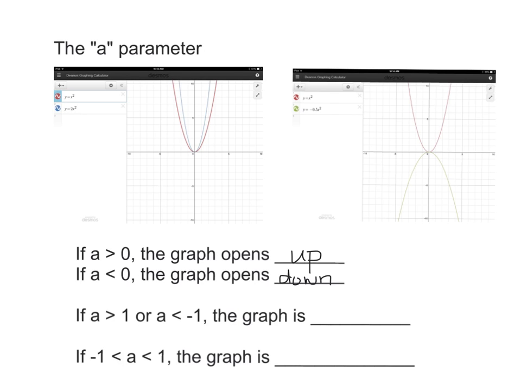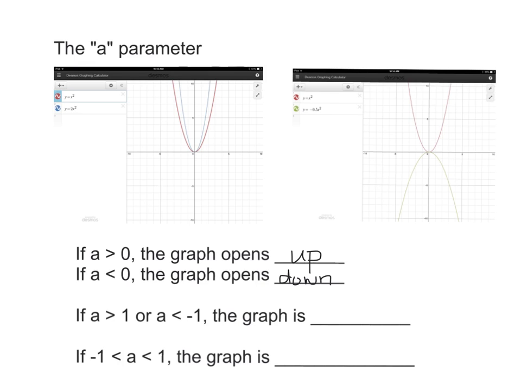Here's the other part that I just talked about really briefly. If a is greater than 1 or less than negative 1. So that's this one. Here a is 2. That's greater than 1. Or if it was negative 2, it would be less than negative 1. So if you think about a number line of your a values, it's all those numbers that are greater than 1 or less than negative 1.